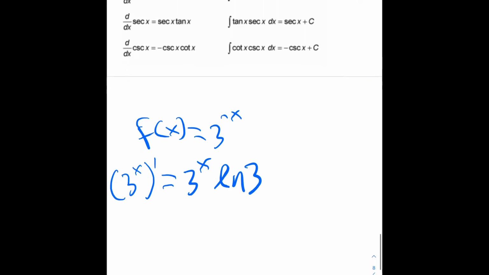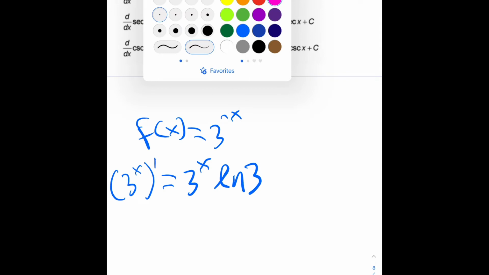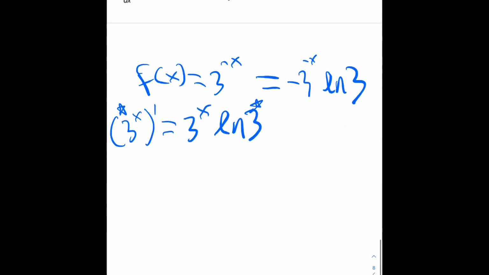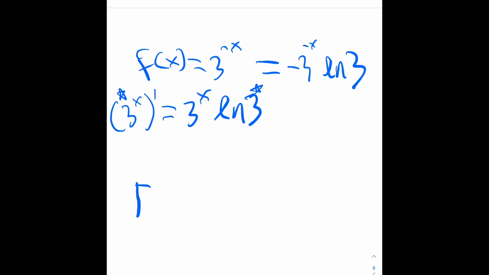So the derivative of 3 to the negative x is going to equal negative 3 to the negative x times the natural log of 3. This was like side work looking at up here. So f of x, my antiderivative equals, again, how could I get this right here? This is what I'm looking at. How could I get this?